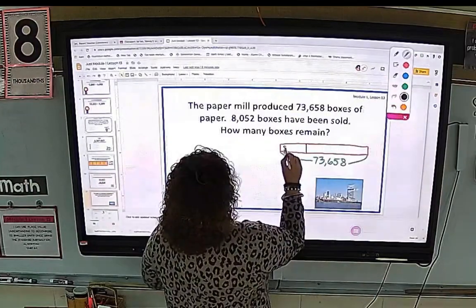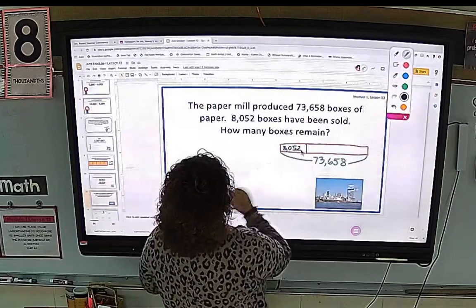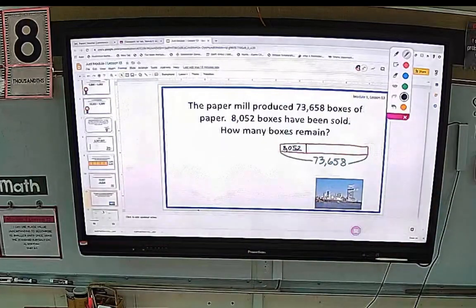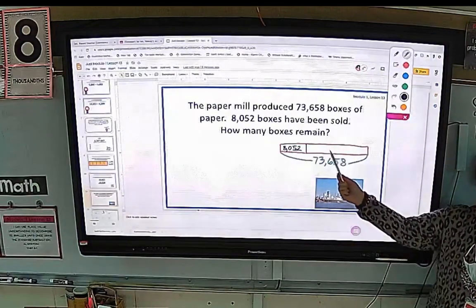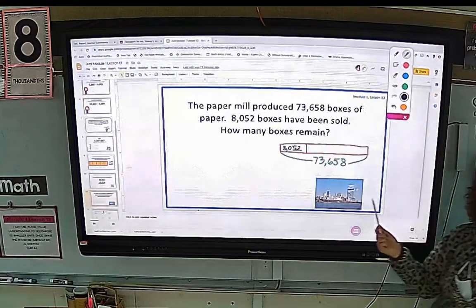Okay, 8,052. Okay, so the paper mill had 73,658 boxes. It sold this many, a piece of that. What do we have left? That's how the tape diagram would work, or one of the ways it would work for this problem.